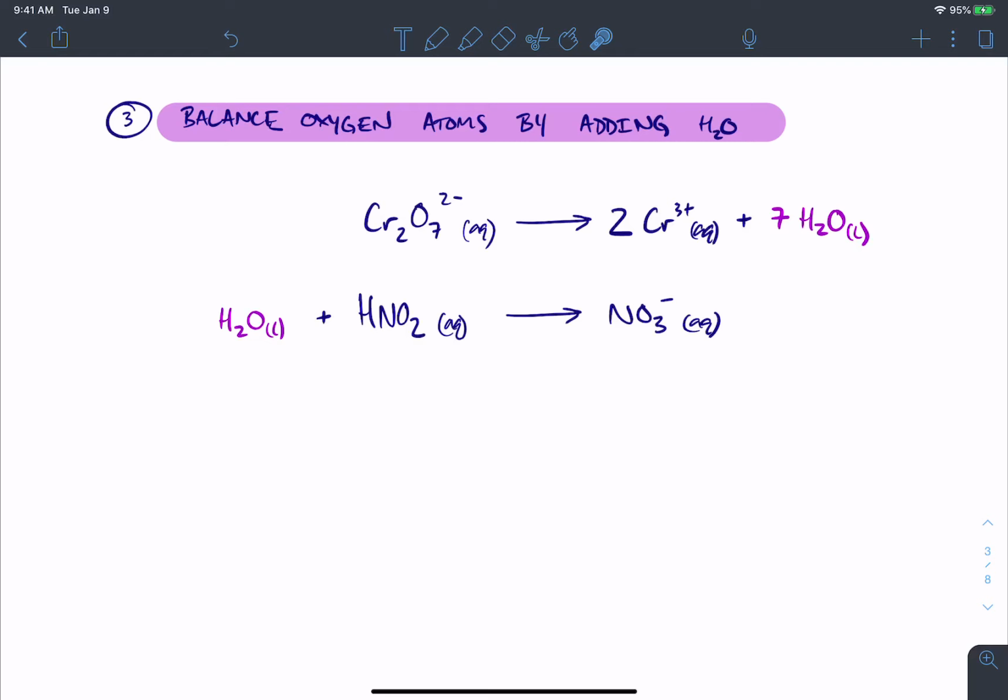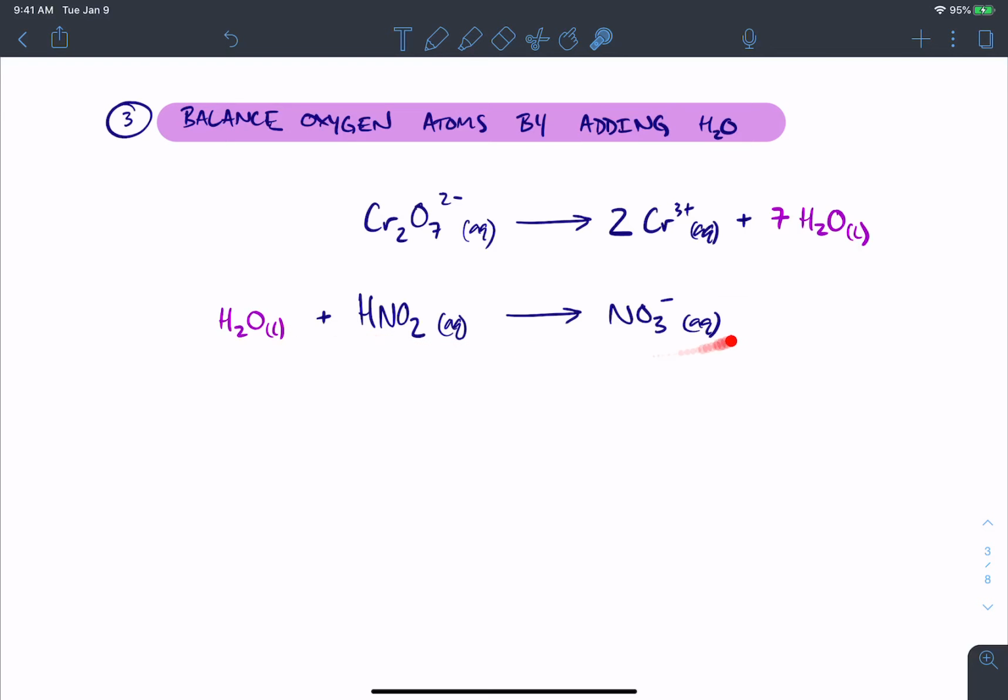So water's participating in this reaction, and we're going to introduce enough waters to balance out the oxygens in both of these half reactions. Notice in the chromium half reaction, I have 7 oxygens on the reactant side, so I need to introduce 7 water molecules to give me those 7 oxygens on the product side.